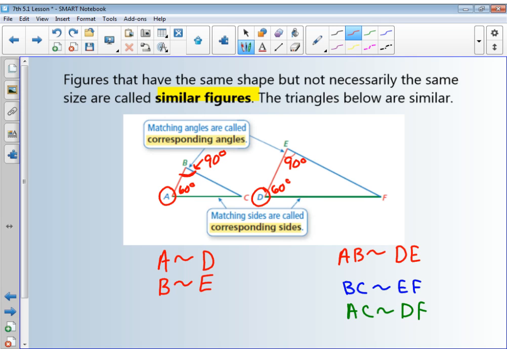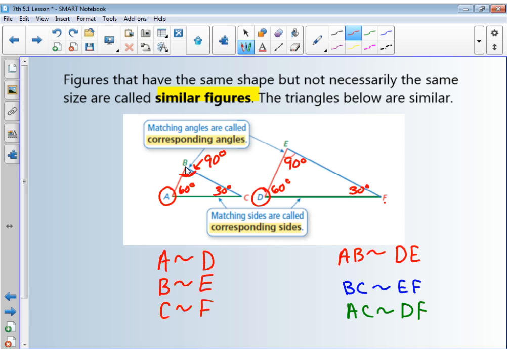Our last set of corresponding angles would be C corresponds to F. Once again, if I knew that F was 30 degrees, then that means that C is also 30 degrees. If they correspond to each other and they are similar figures, then their degree measures will be the same.